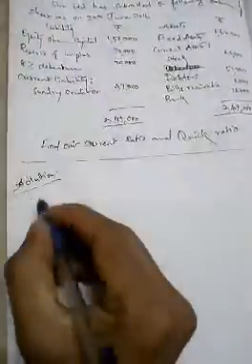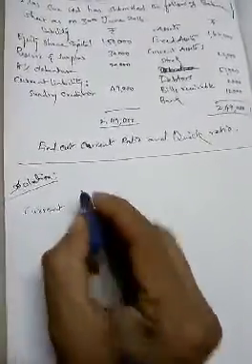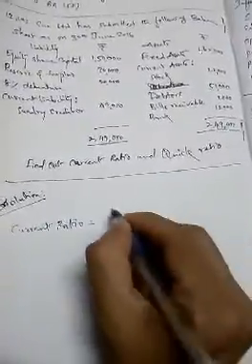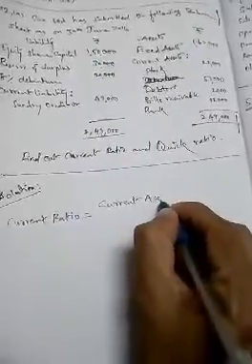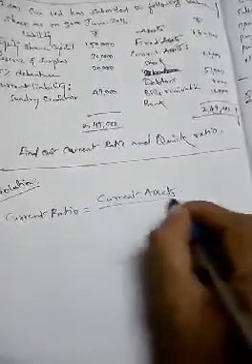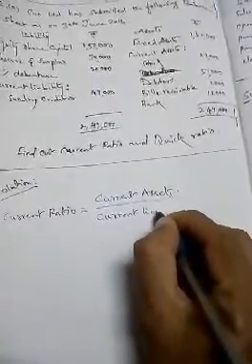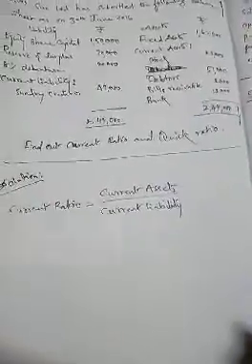Here they ask to calculate the current ratio. So the current ratio formula is current assets divided by current liability. So this is the current ratio formula.